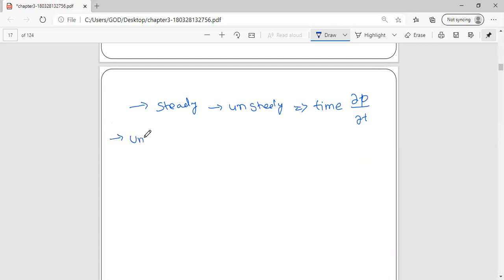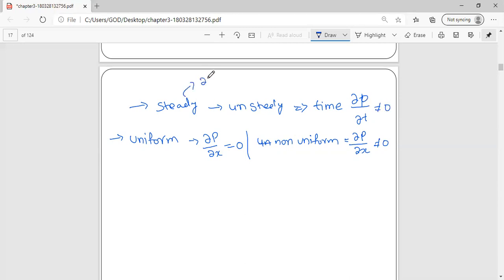Next, uniform flow. And another flow is there, non-uniform flow. First, I'll write this. The change of pressure with reference to space, any point, is equal to zero for uniform flow. But for non-uniform flow, the change of pressure with reference to space is not equal to zero. In the unsteady, it is not equal to zero.